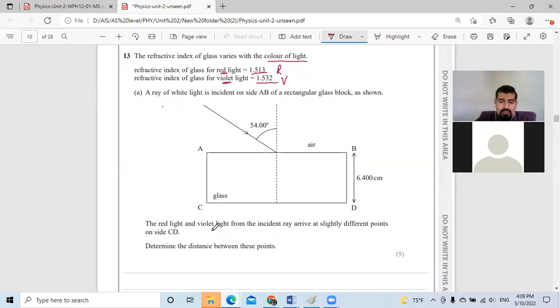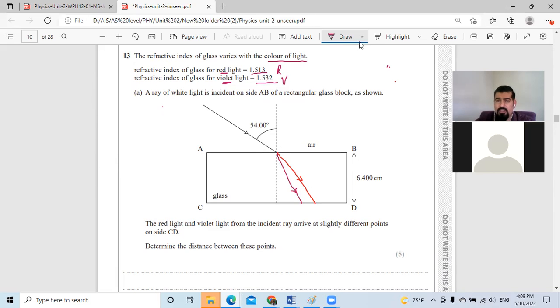The red light and the violet light arrive at different points on the side CD. Determine the distance between them. Now, they give us the distance. For example, I told you that Cristiano Ronaldo, the red one, Manchester United, will change his direction a little bit like this, but Barcelona or Paris Saint-Germain, the blue or the violet one, will deviate with more angle, like this, for example.